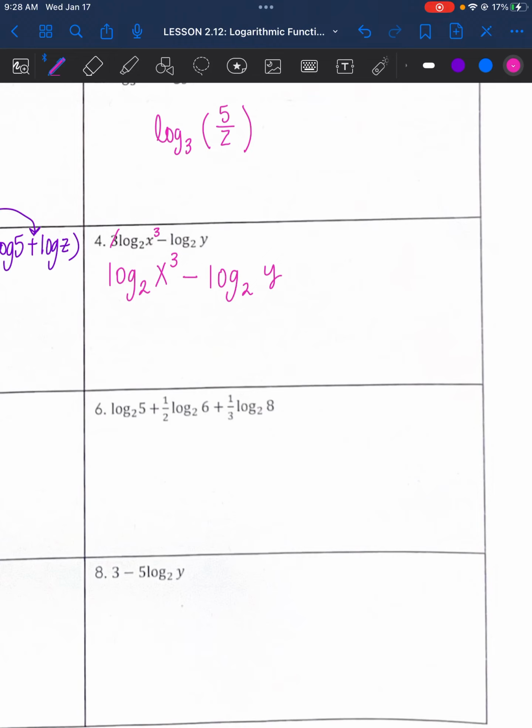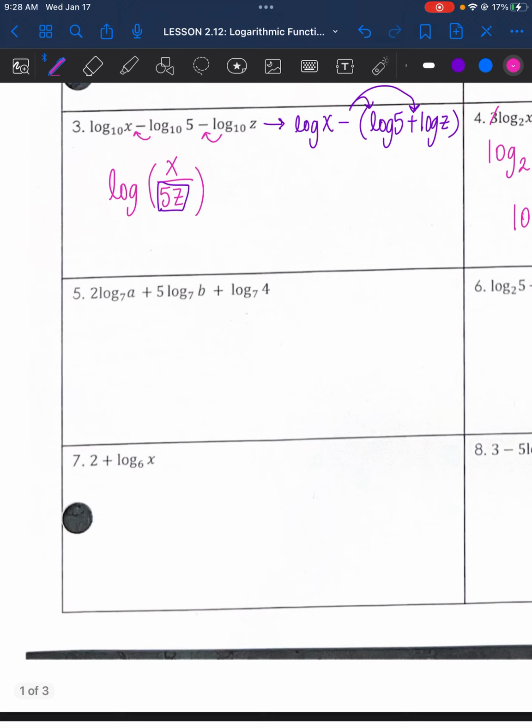And because of that subtraction sign, I've got log base 2 of x cubed over y. Now, one thing I want to mention is this only works if your bases are the same. Notice all of my bases are 7s, so I can do this. If I had 3 different bases, you couldn't do it.